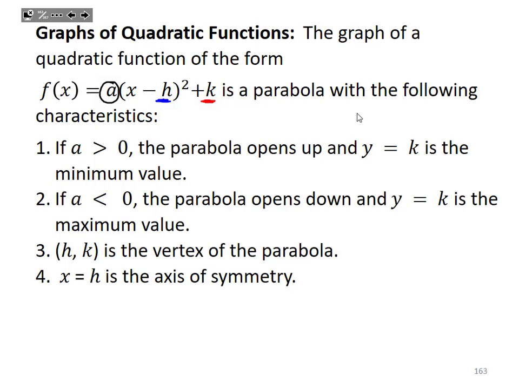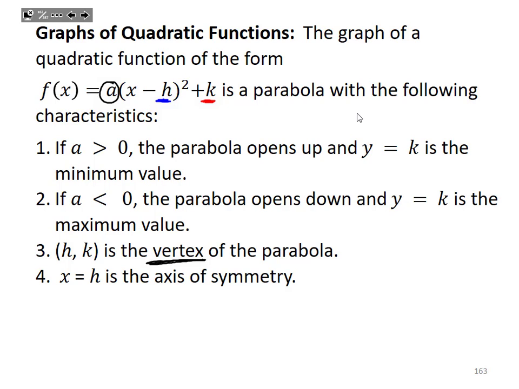The one difference is that instead of calling that a maximum or a minimum value, as you see in number 3 down here, that place on your graph where you have that relative max or that relative minimum is what we call the vertex.